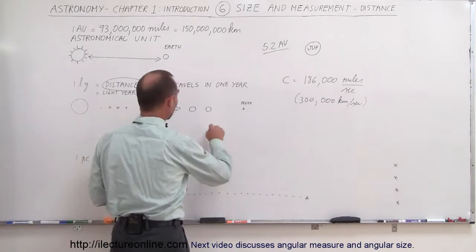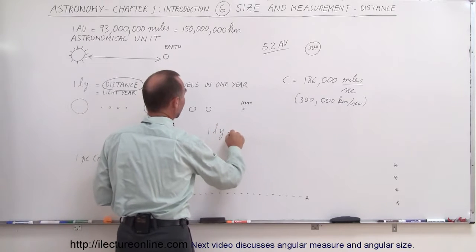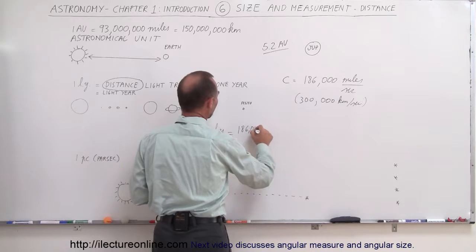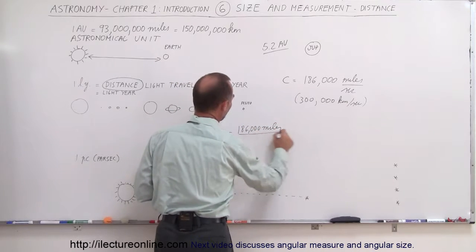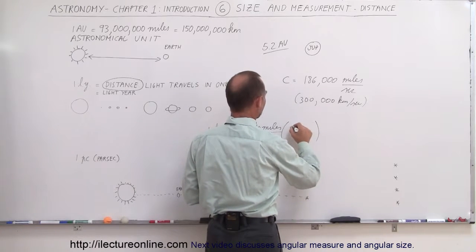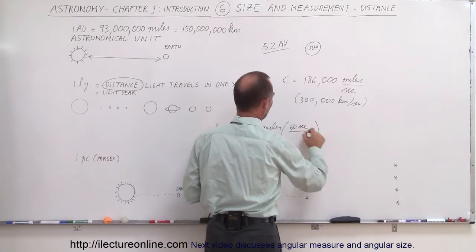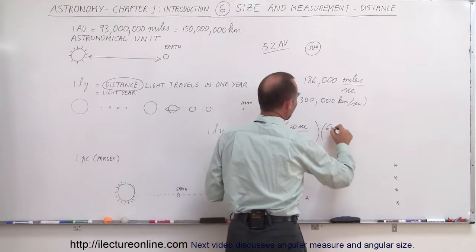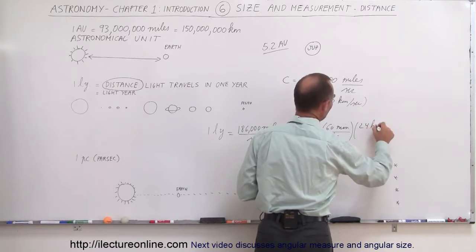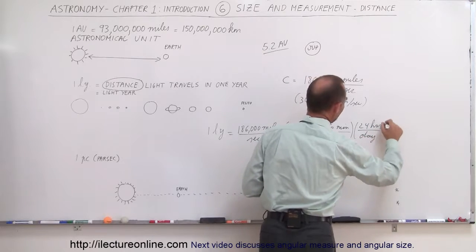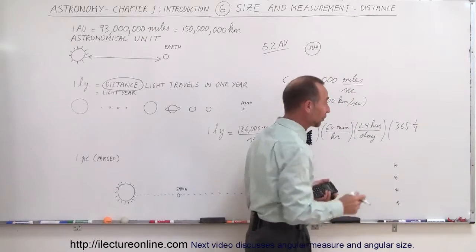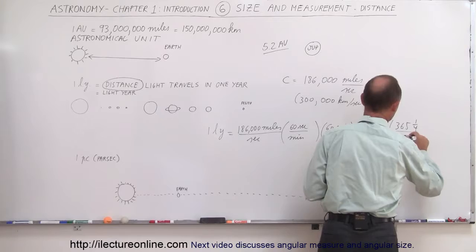So the distance, 1 light year, is equal to 186,000 miles per second. And then if we convert that to hours, we have 60 seconds per minute and 60 minutes per hour and 24 hours per day and 365, I guess on average it's 365 and a quarter days per year.